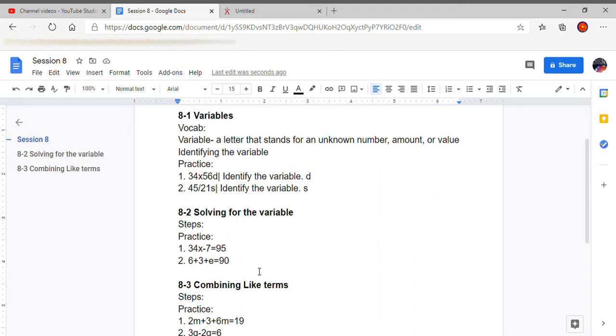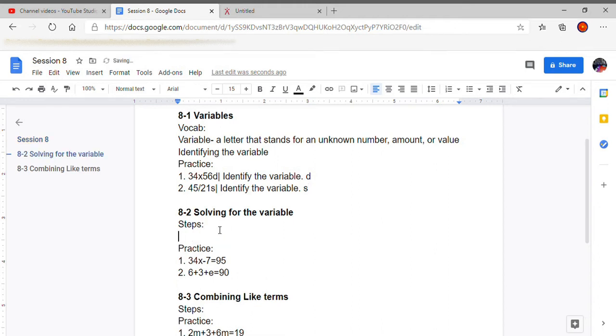Solving for the variable. This is what you're mainly supposed to do with the variable. You're supposed to solve for the unknown number, amount, or value. So the steps, number 1: use inverse operation to isolate the variable.